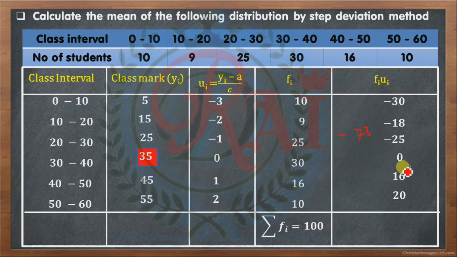Now I need to add this to 6, 3. So the summation of fi ui is equal to minus 37. 73 minus 36 is 37. Since 73 is greater than 36 and the sign of 73 is minus, it's minus 37.